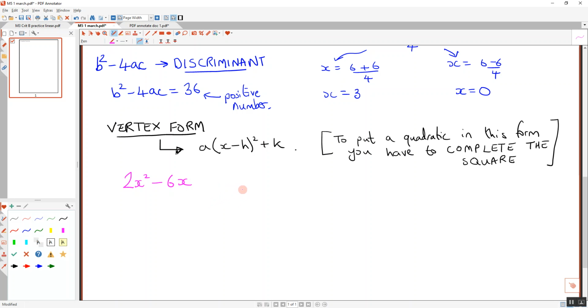We need to factorize. Regardless of whether it factorizes evenly or not, you have to factorize, because we do not want any number in front of the x squared. So factorize is our first step.